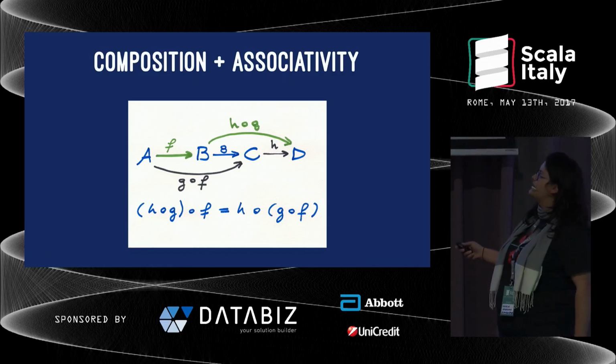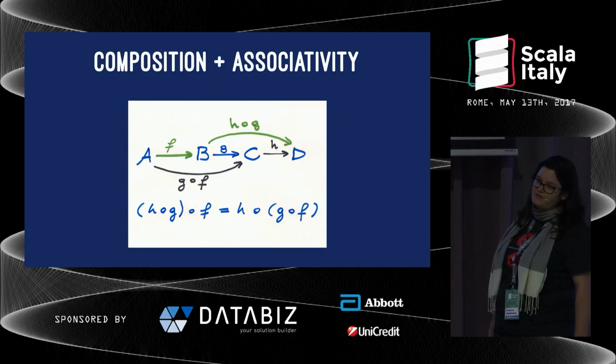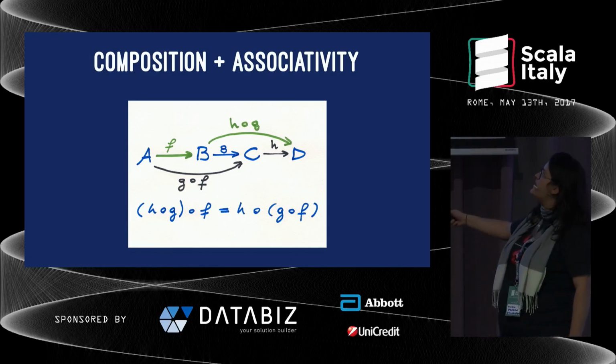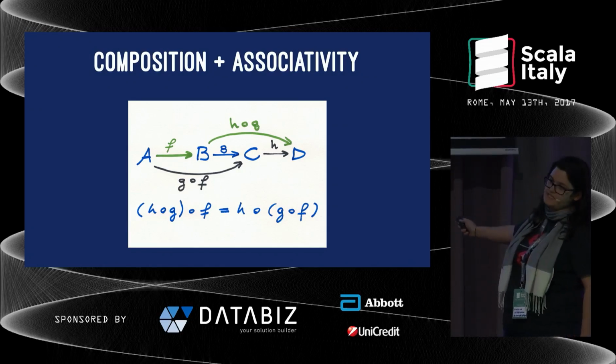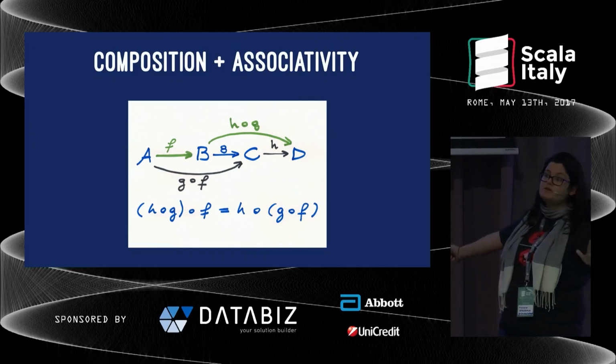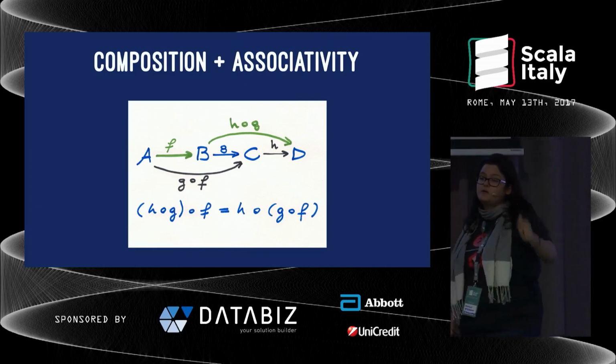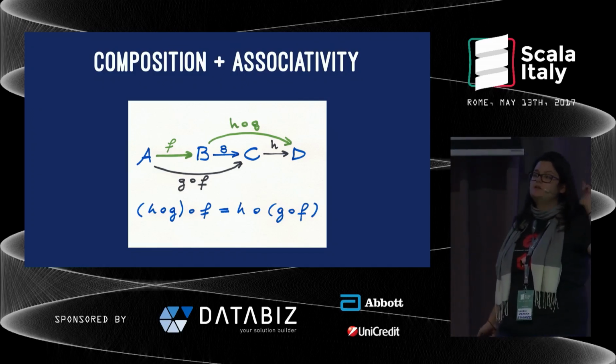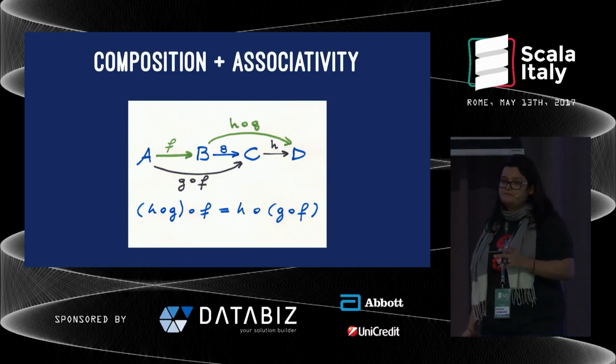It's just saying that the black path and the green path are the same. You still start from A, and you are going to end up in D. Yeah? All good so far? So, rules: identity, composition, and associativity.